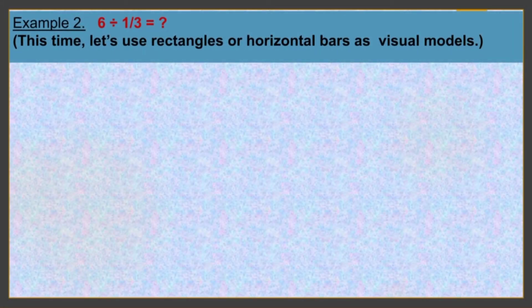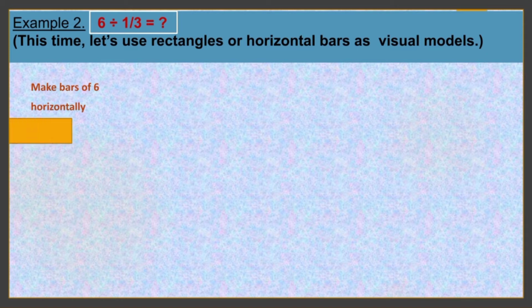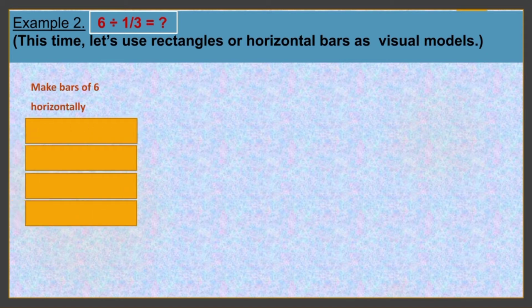Let's have another example. 6 divided by 1/3 is equal to blank. This time, let's use rectangles or horizontal bars as visual models. 6 divided by 1/3, our first number is a whole number 6. So make horizontal bars with 6 counts, 1, 2, 3, 4, 5, 6.